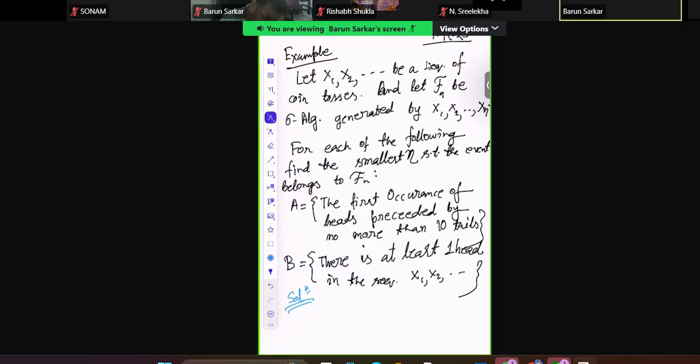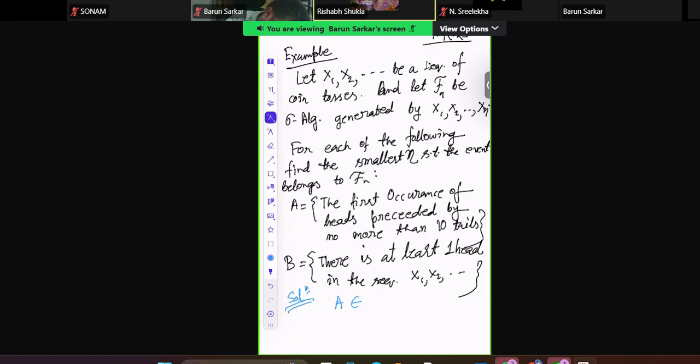And the event A should belong to which one? F10 or F11? Anyone? Sir, the first one is saying that our first head should not come after more than 10 tails.